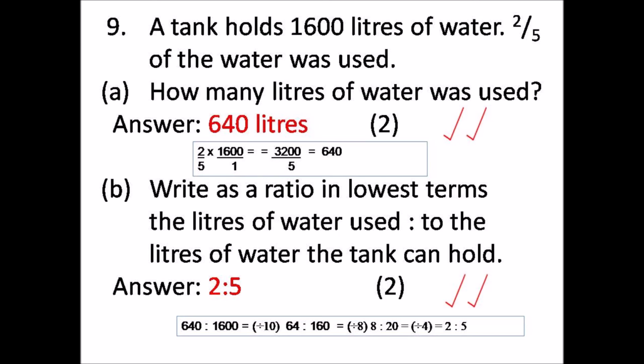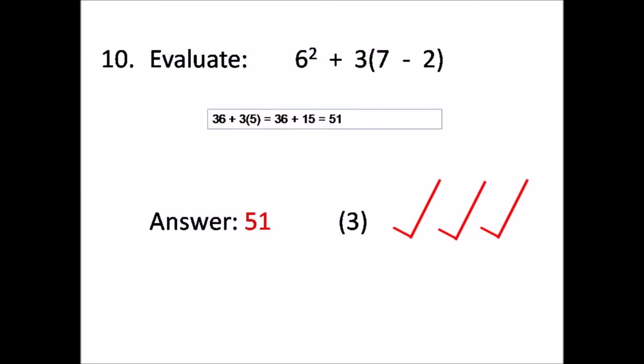Once you end up with that answer, you're okay. 4 big marks. And number 10, 6 squared is 36. All you need to know is how to do the square and then remove your brackets. And you're straight. 3 big marks that you need. You got them.